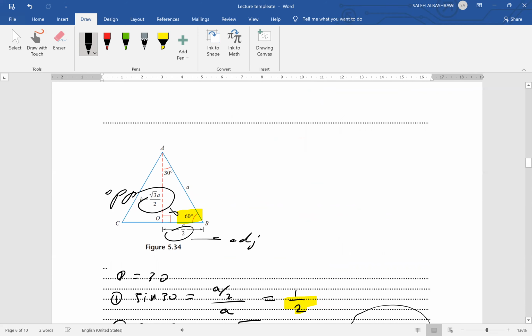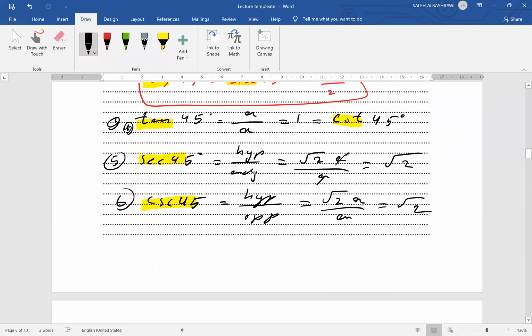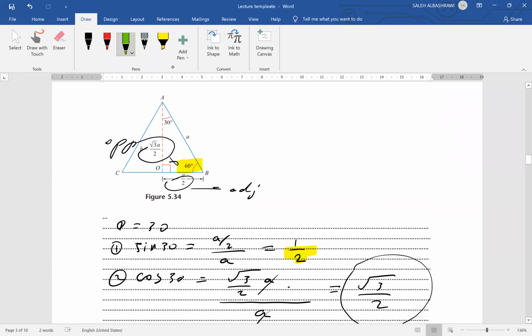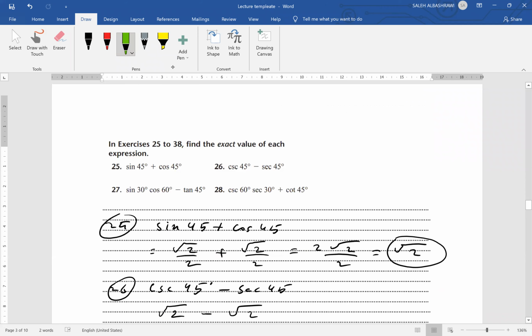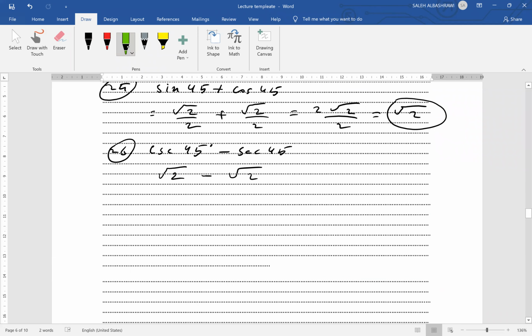Up, we said that secant of 45 and cosecant of 45 are equal. So secant 45 minus cosecant 45 will give me 0 because these are equal. So the answer for this is equal to 0. So this is the exact value.